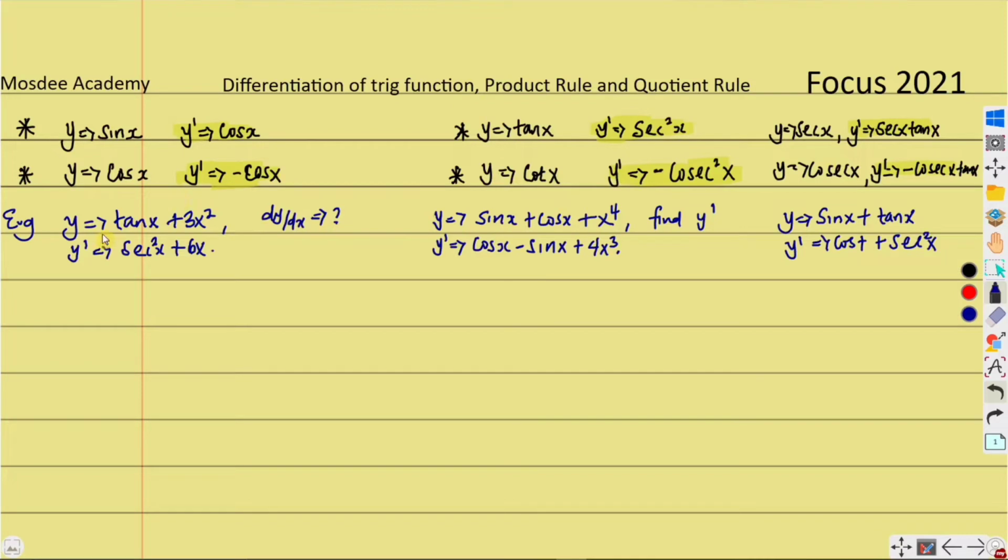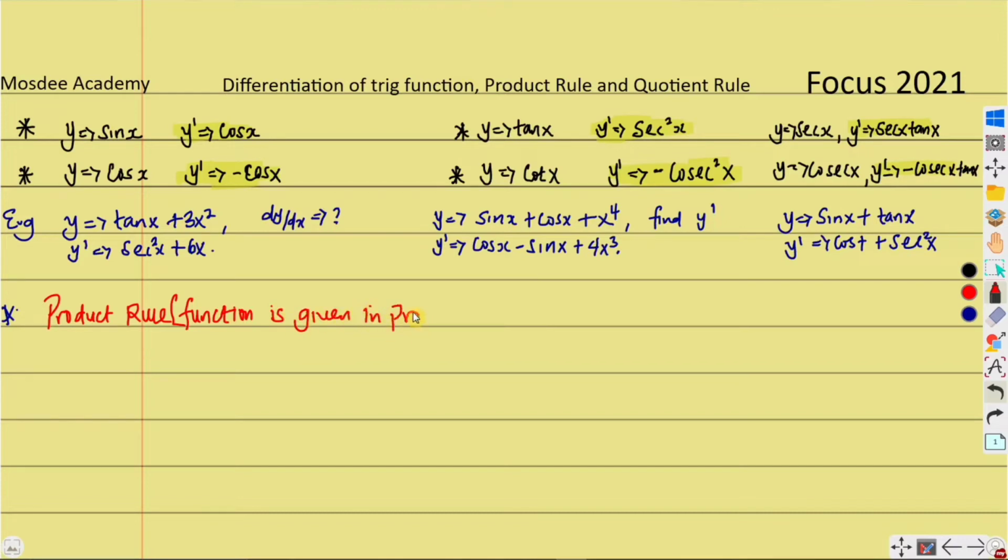So the next one we talk about, because we have a long way to go on this topic, is the one we call the product rule. It is very important for students to also keep this one in mind, because the product rule is only applied whenever the given function is given in product form.